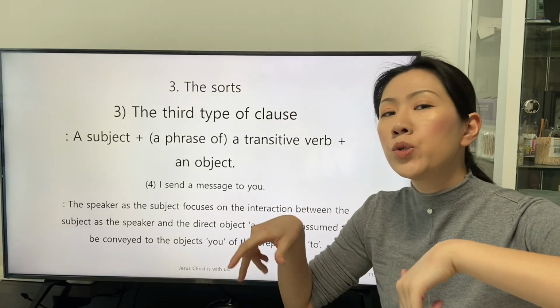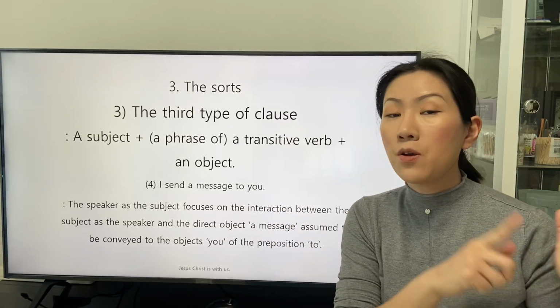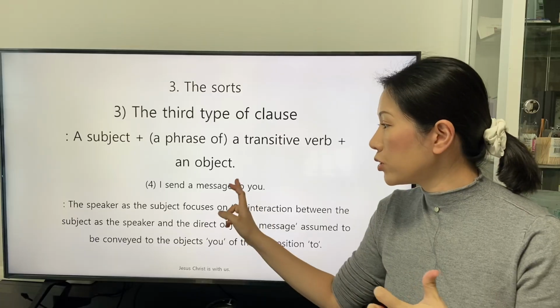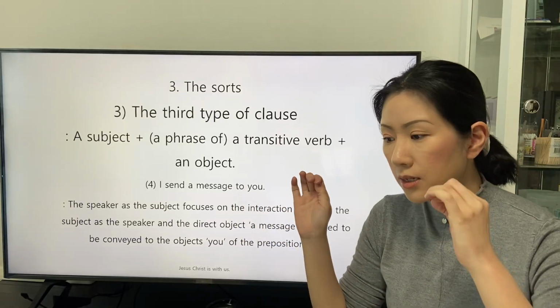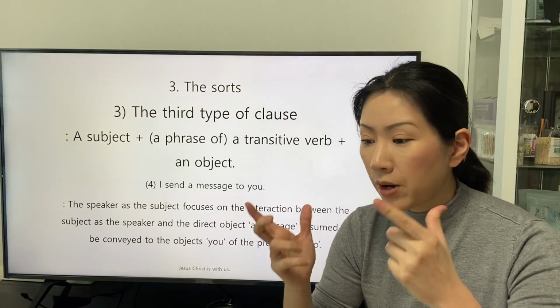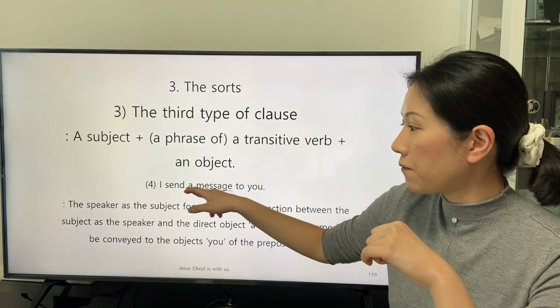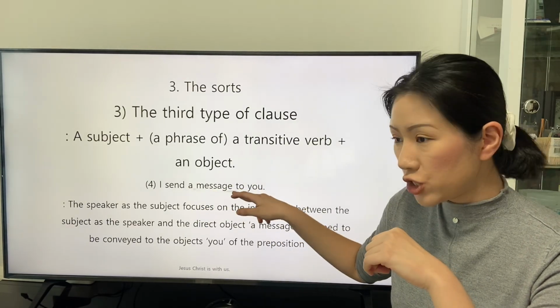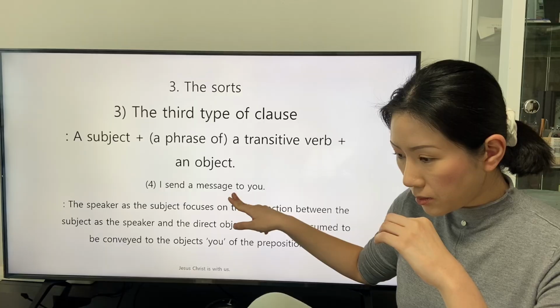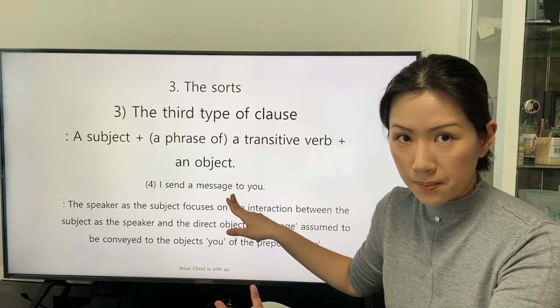Compared to the definition of the preposition for, the preposition to describes the existence of the subject, a message, with a time gap.